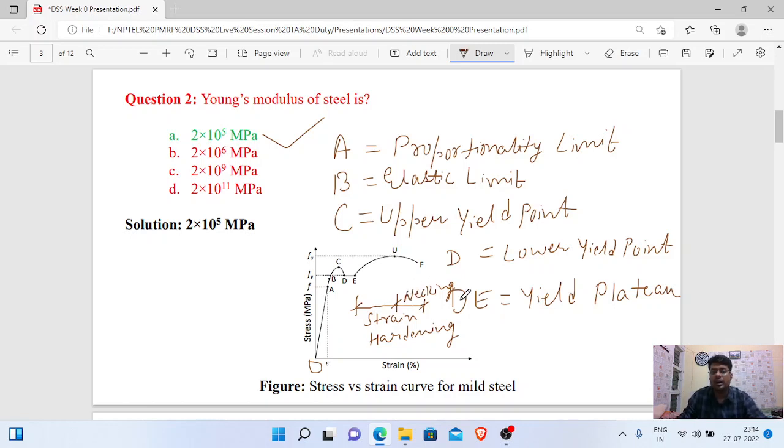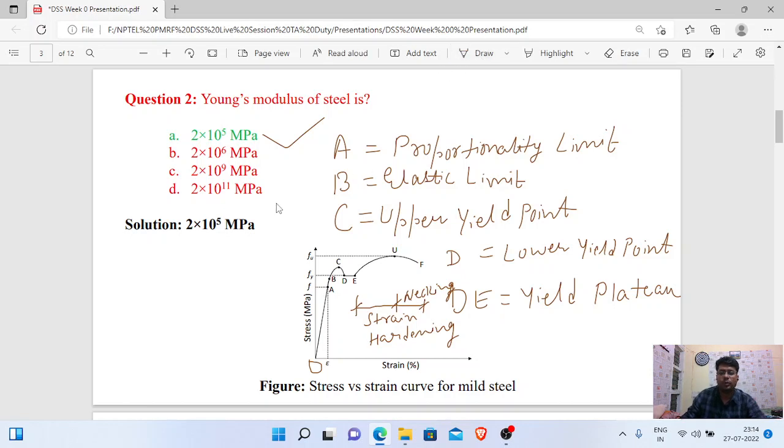Means what will happen in the material when we are applying load after this point U, then the material will start necking in our body. What is neck? Neck is the narrowest portion in our body. So like that it will become narrow, narrow, narrow, and finally it will break. So F is the fracture point, and this region U to F is called necking.